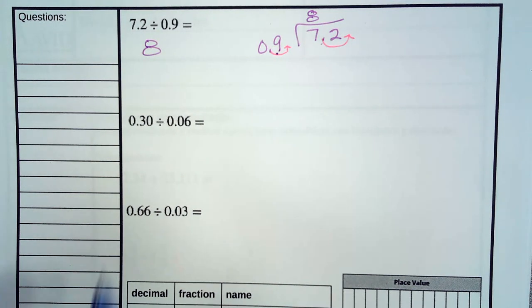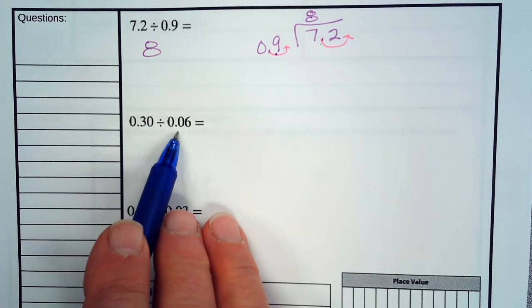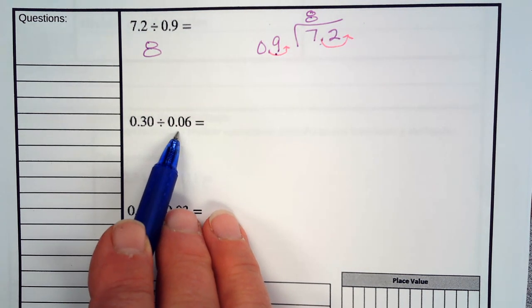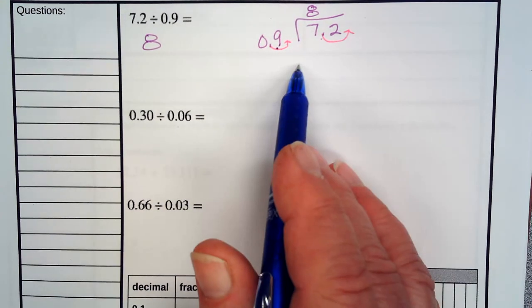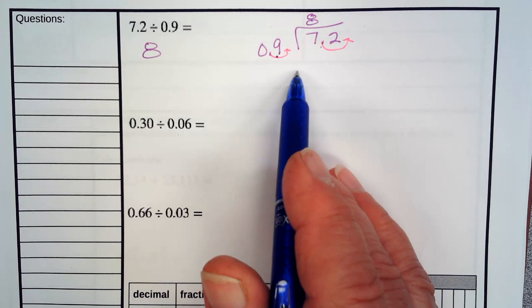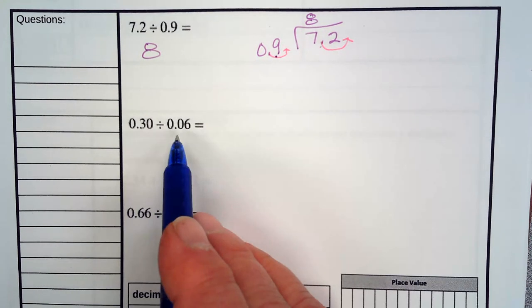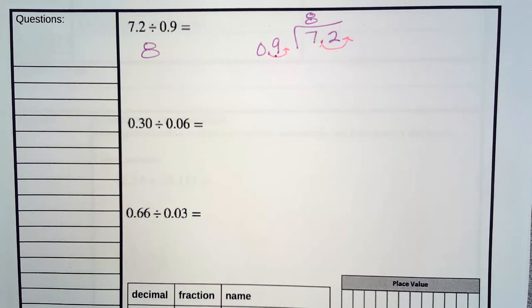Okay, so on the next one, how many spots are we going to have to move it over? We've got to move it over 2. Okay, see if you can set it up like we did here without finding the solution. Please try to set it up now.